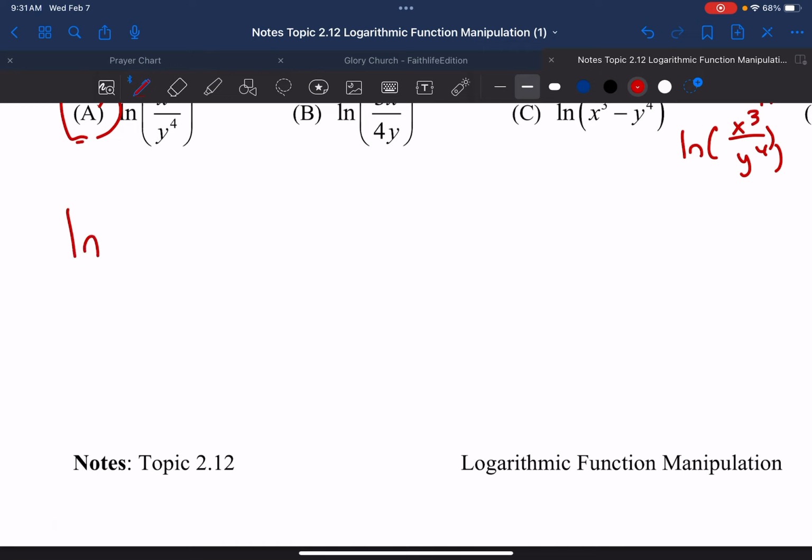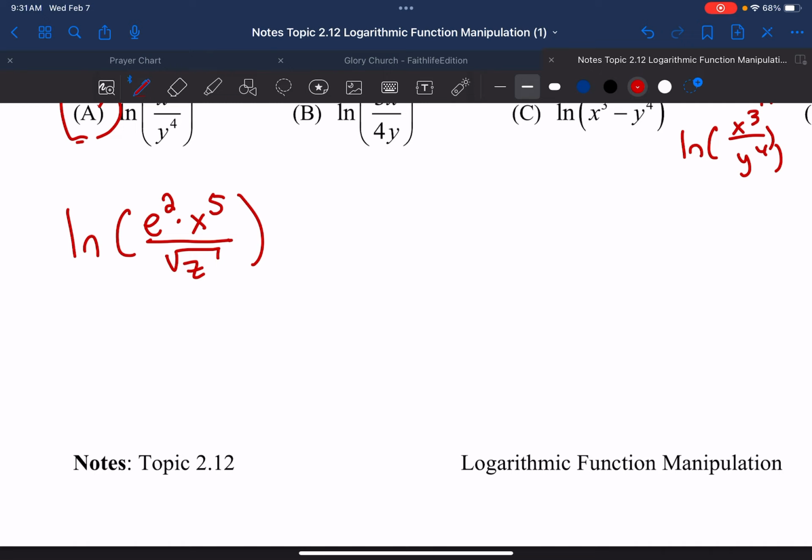So ln of e squared x to the fifth. And remember, e is a number here. e is the number e. Over square root of z. Okay?